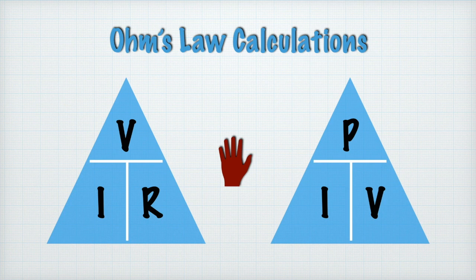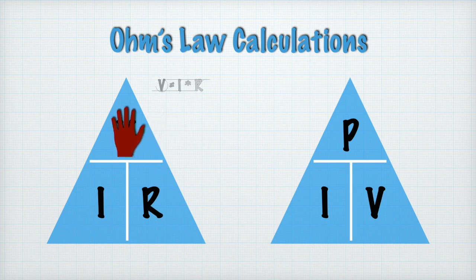And the way that you calculate these, you put your hand or your finger over the letter that you're trying to find. So if you're trying to find voltage, for example, you would put your hand over the V, and what's left is current times resistance. So if you're trying to find out the voltage, you multiply the known current and the known resistance to get the voltage.